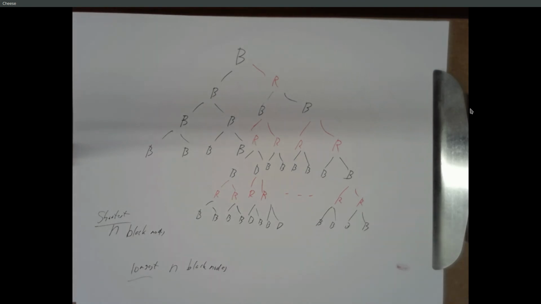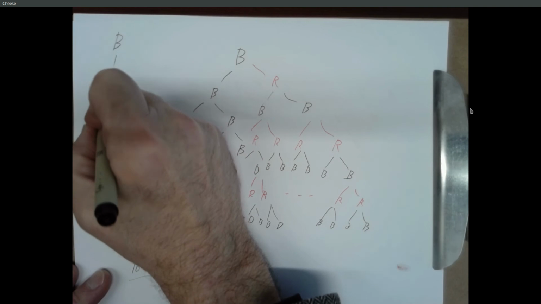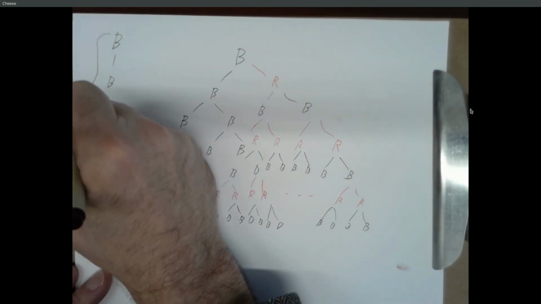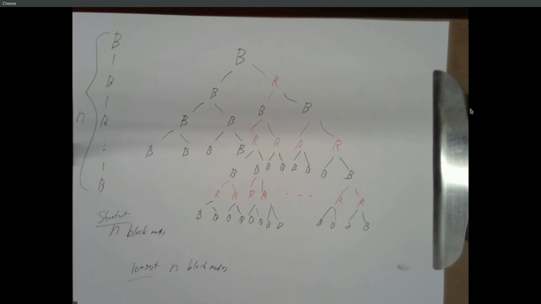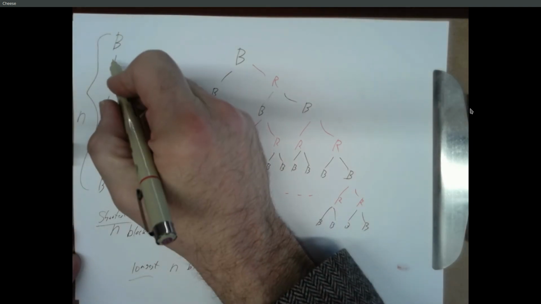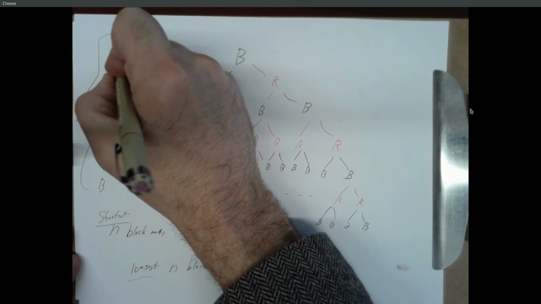If we want to lengthen it, we can start inserting red nodes somewhere. Well, we know the root is black. And we've got n of these. So where can we insert a red node? Well, we can't change the root, so it can't come before the root. Can we put a red node right after the root? Yeah, nothing wrong with that.